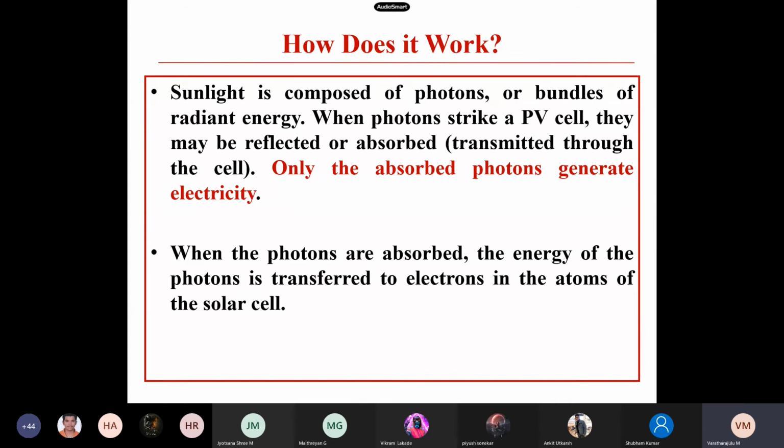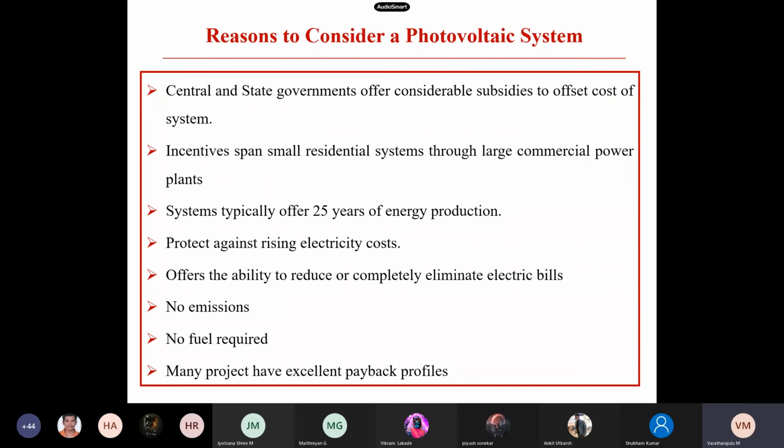And see, the state and central governments offer considerable subsidies to offset the cost of the system. The initiatives span small residential systems through large commercial power plants, and systems typically offer 25 years of power production, and protect against rising electricity cost.